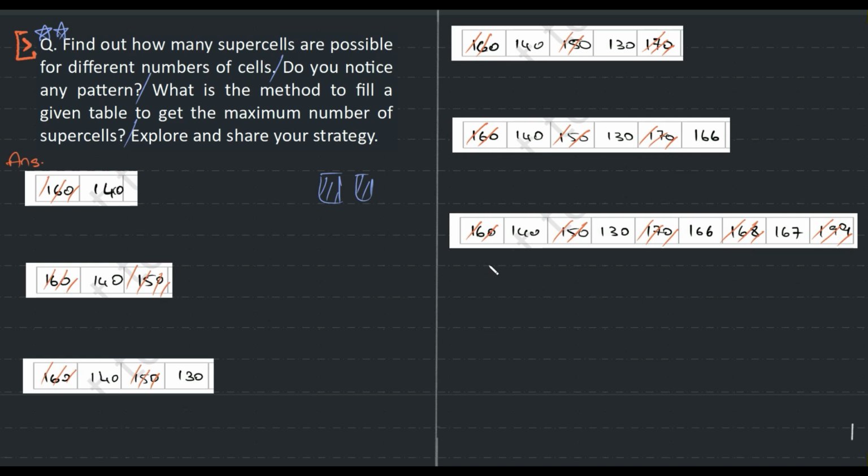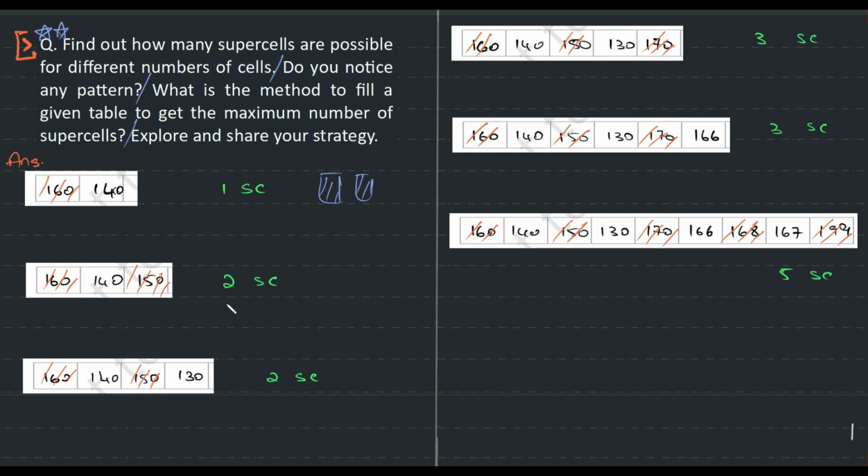Okay, so do we see any pattern? Let's look at the number of supercells. Here the number of supercells is 1, 2 supercells, 2 supercells again, 3 supercells, 3 supercells again, and then we have 1, 2, 3, 4, 5 supercells. Can you see that 1, then 2 and 2, 3 and 3, so on and so forth. So here there are 9 cells, so we end up with 5.